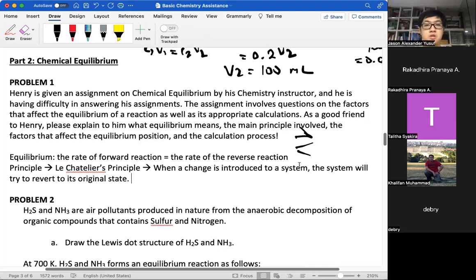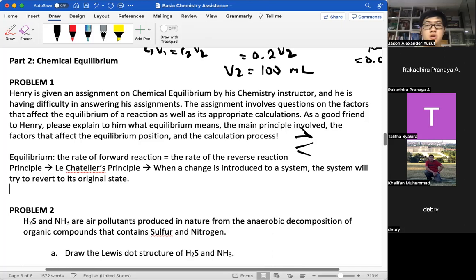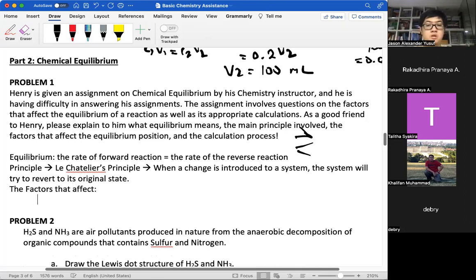And so next, since we now understand the principles involved, we can try to explain the factors that affect the equilibrium. Basically, there are a few factors. The first one would be the concentration of the reactants and products.